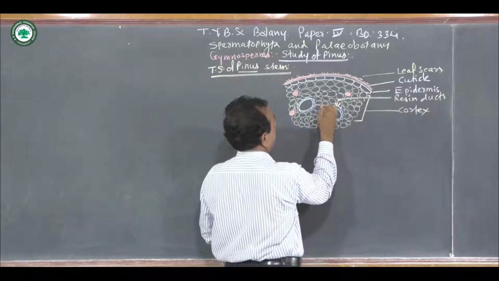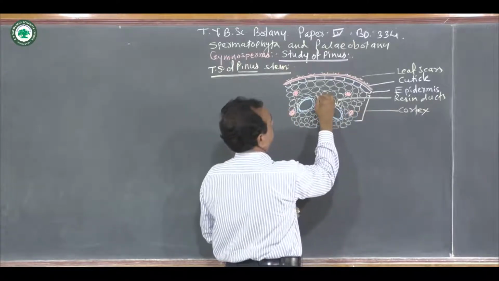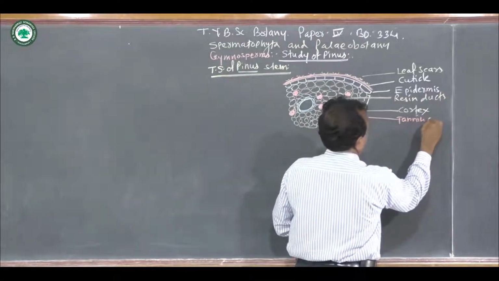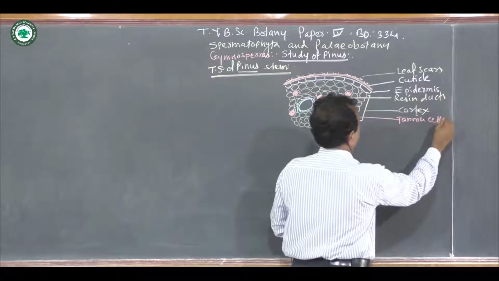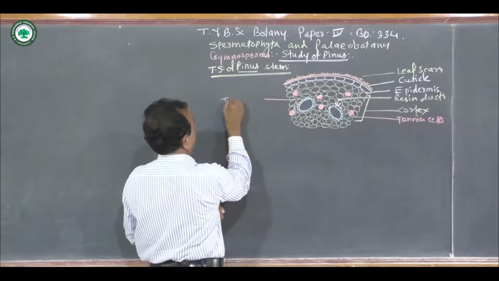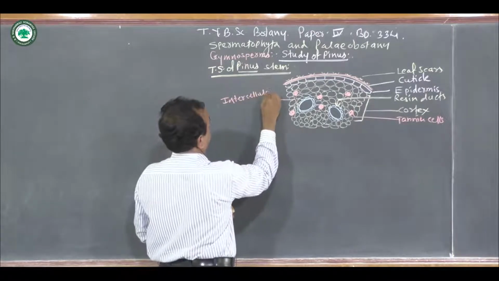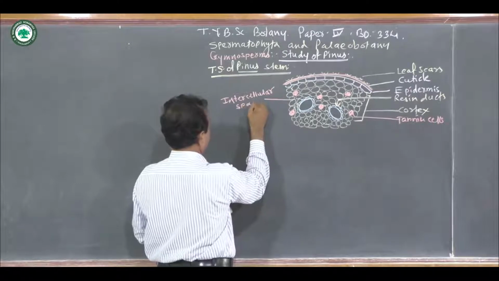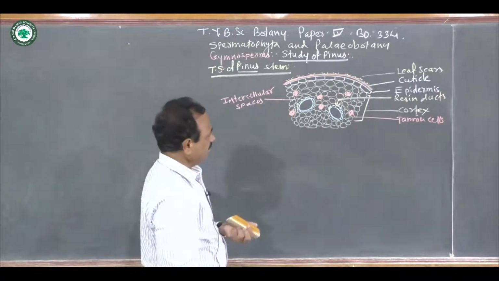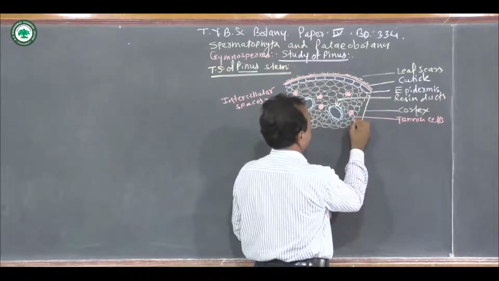So tannin cells are also present in the cortical region. Here these are the intercellular gaps, or the intercellular spaces, and that's why these cells become loosely arranged.